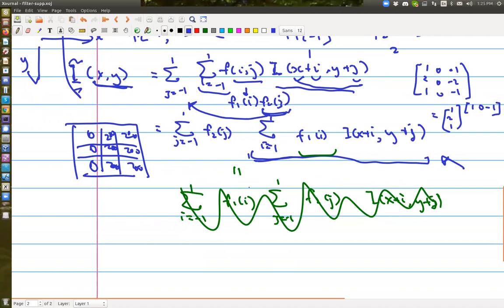Then doing the horizontal one would be applying this filter, and I'm going to apply this for different J.